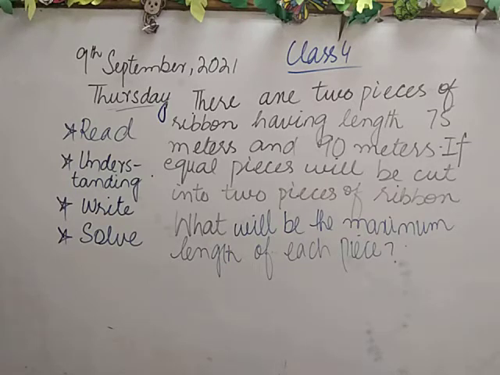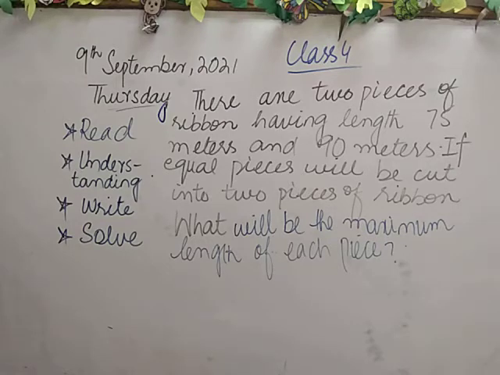ठीक है? Now I have done the first instruction part, which is read. Now the second is understanding. अब मुझे इसमें से क्या समझ आ रहा है? Who will tell me what kind of understanding you get from this statement?